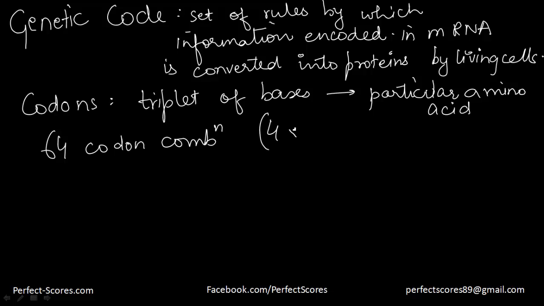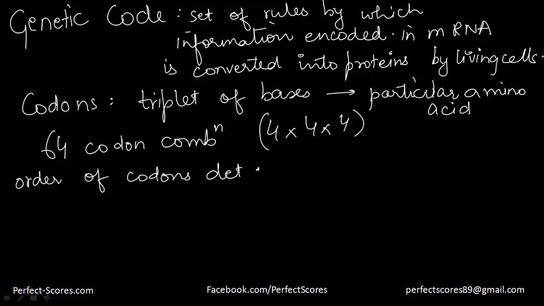How do we get this? 4 into 4 into 4. The order of the codons determines the sequence of amino acids for a particular protein. The coding region always starts with a start codon.